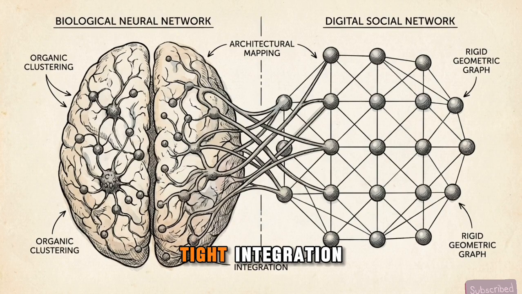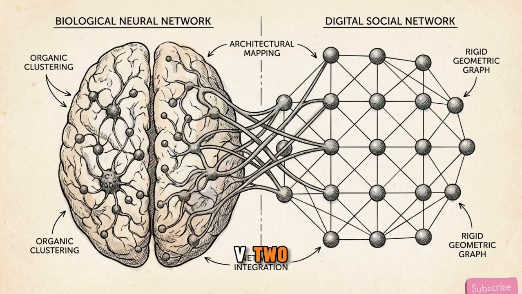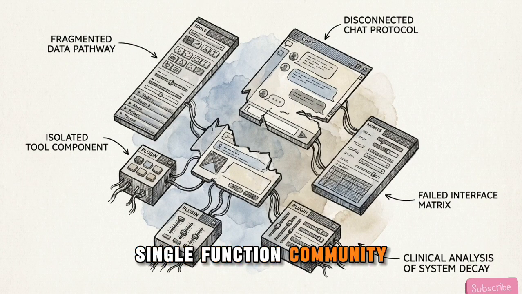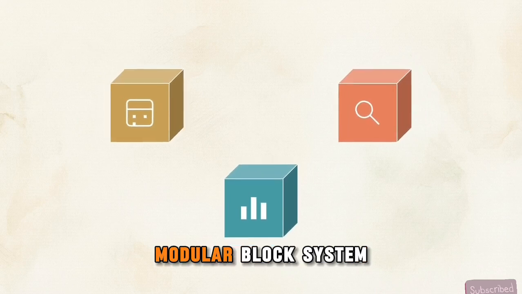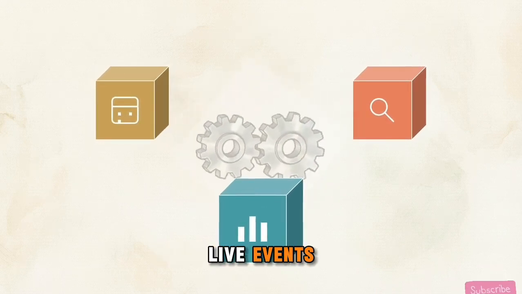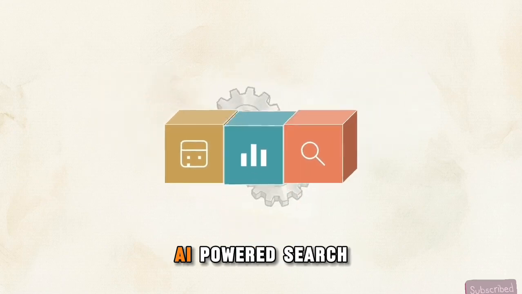This demand for tight integration extends directly into enterprise software, specifically the evolution of the Tribe social platform into BetterMode v2. Market demands forced BetterMode to abandon isolated, single-function community tools. They implemented a modular block system, creating a multimodal hub that integrates live events, advanced polling, and AI-powered search.